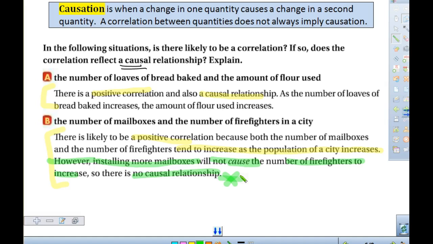It doesn't cause it, but it might be because of the population. You can put up mailboxes without people, in apartments. Like some of these massive apartments going up all around town, they got a ton of mailboxes, but if no one is living in there yet, population hasn't increased to go with that. So you want to write down the rest of that: it is not causation, okay?